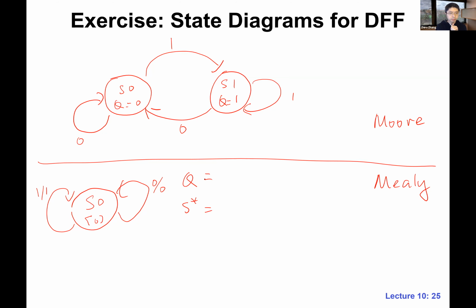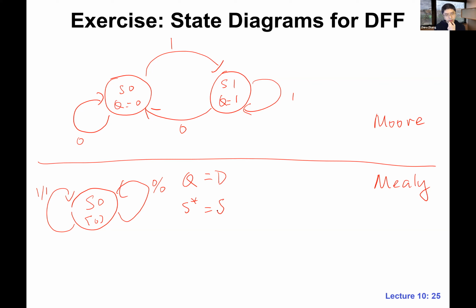What is Q in this case? Q is S star, D is S. Okay. Does this already worry you guys? Is this sequential logic, just looking at this Boolean expression?